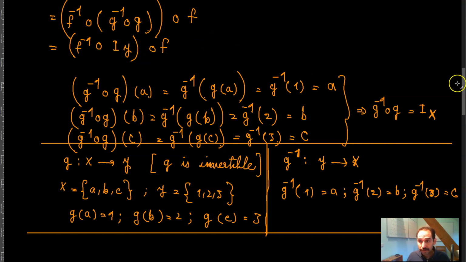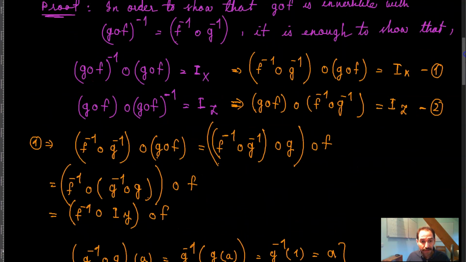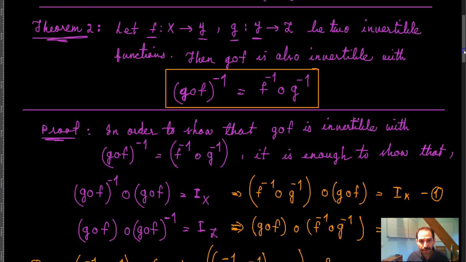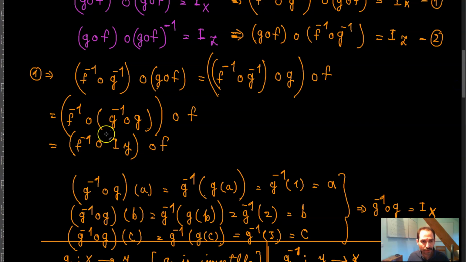Okay, so let me see. Y is basically only a set here, which is the codomain of F. Y is the codomain of F.